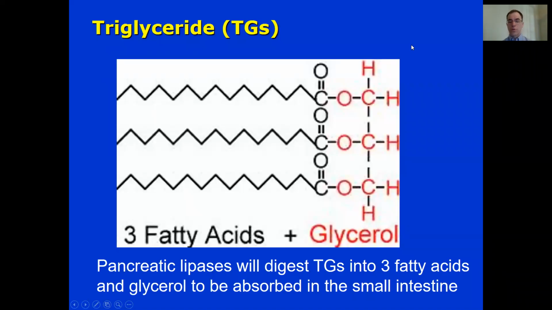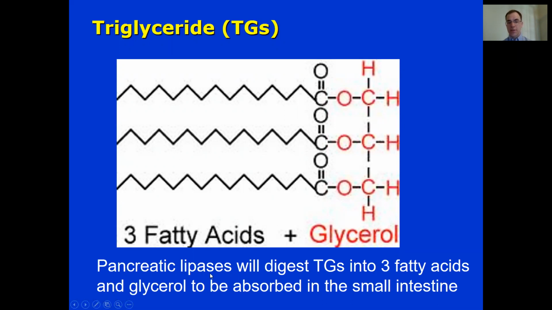In just a moment, we're going to be watching another video about the digestion of fat, where it gets broken down. And when we talk about fat, this slide depicts what's called a triglyceride. A triglyceride has a glycerol backbone, and then it has 1, 2, and 3 fatty acids. Together they form a triglyceride. It's these triglycerides on which the pancreatic lipases act; anything that ends in -ase is an enzyme that breaks something down.